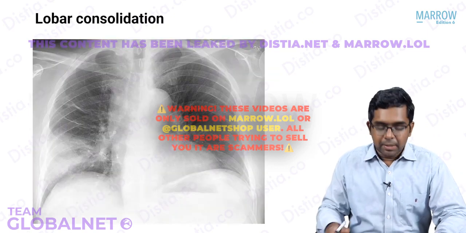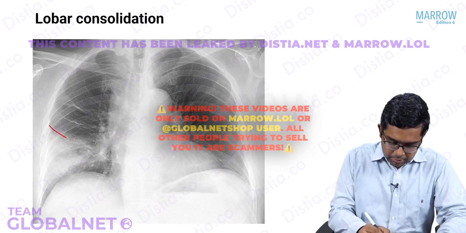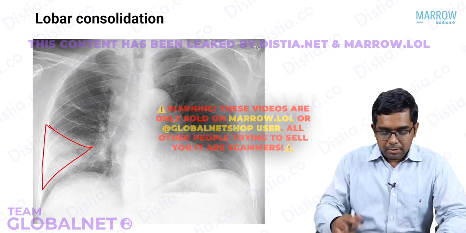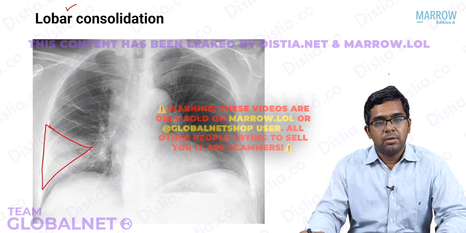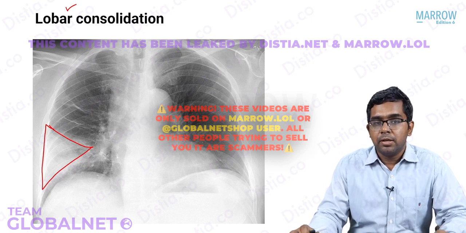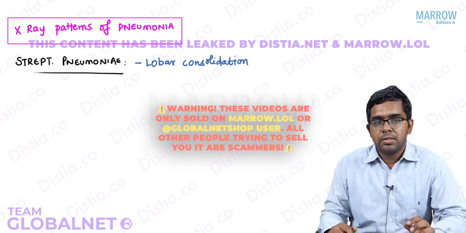Can you see in this X-ray that the right lower lobe of the lung is completely opacified? This is what you call lobar consolidation, and that is the characteristic X-ray picture caused by Streptococcus pneumoniae infection. So lobar consolidation, always remember with Streptococcus pneumoniae.